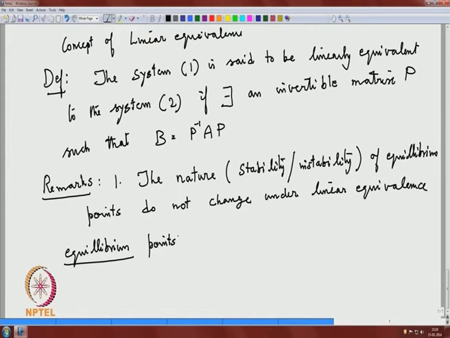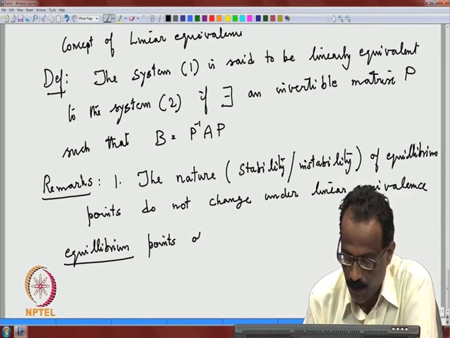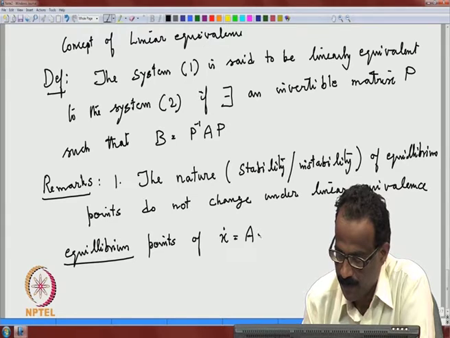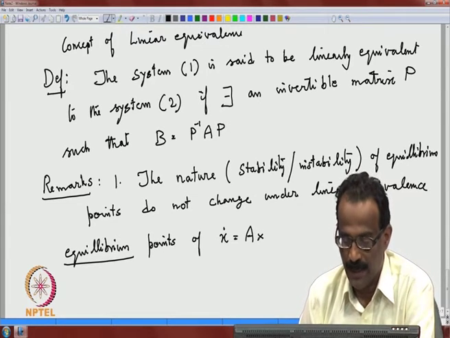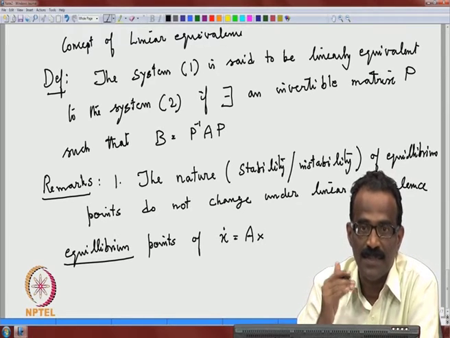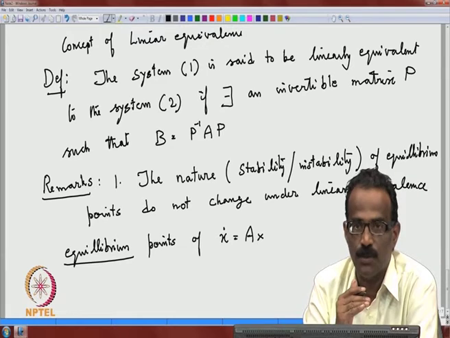Equilibrium points are actually solutions of the linear system x dot equal to Ax. Though we call it a point, it is a steady state solution.